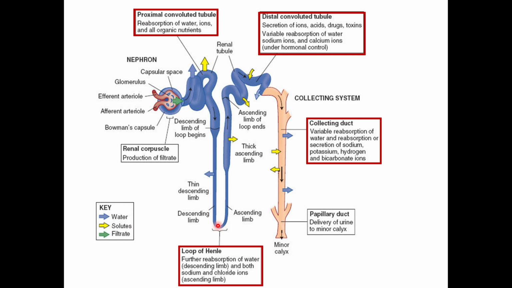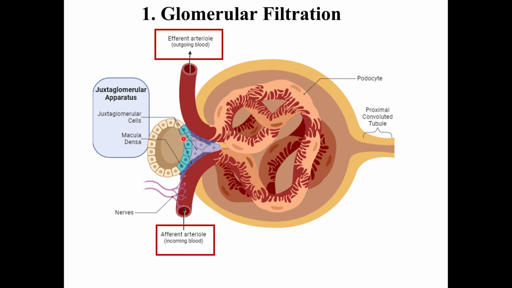Now let us examine how this process works. Number 1, let's talk about glomerular filtration. This glomerular filtration occurs in the glomerulus. The glomerulus is a network of capillaries located within the Bowman's capsule. Blood enters the nephron through the afferent arteriole. You can see in this figure, this is the afferent arteriole and this is the efferent arteriole.